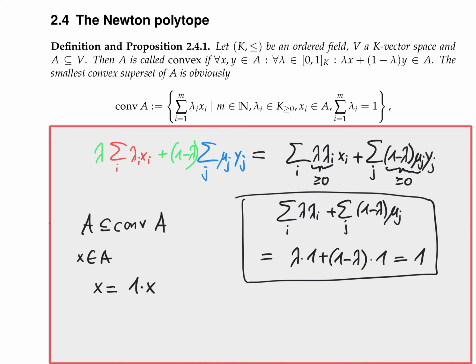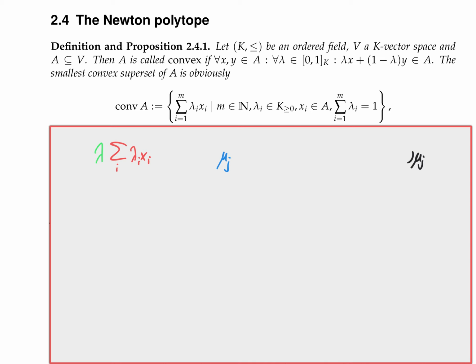And then for more than 2, let's do an induction, of course. So if I assume I have already shown it for convex combinations of m elements, I can now show it for m plus 1 elements in the following way. So I have here lambda.